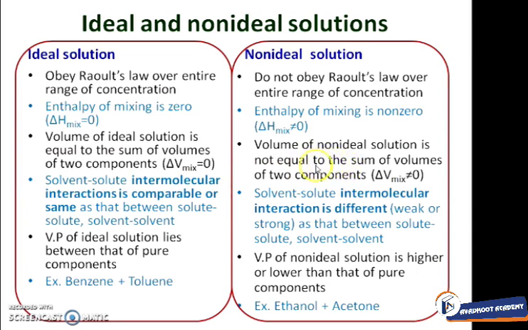It means at the time of preparation of a non-ideal solution, when 100 ml solute is mixed with 1000 ml solvent, then the resulting volume may not be exactly equal to 1100 ml. It may be slightly less than that volume, or more than that volume, and therefore delta V mixing is non-zero. There is a difference in the volumes.